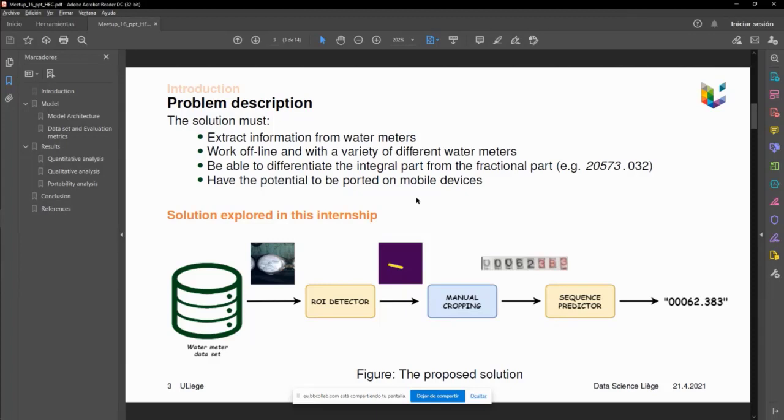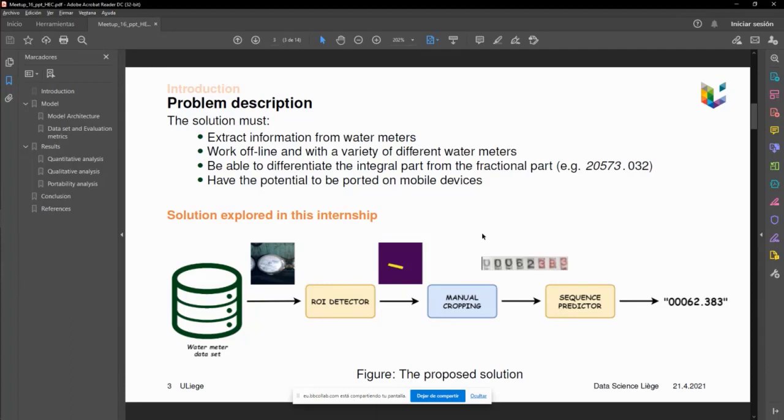And then after cropping, we obtain a counter, which is a sequence of digits. And we use those sequence of digits to train a machine learning algorithm such that it is later able to recognize digits by itself in an autonomous fashion.